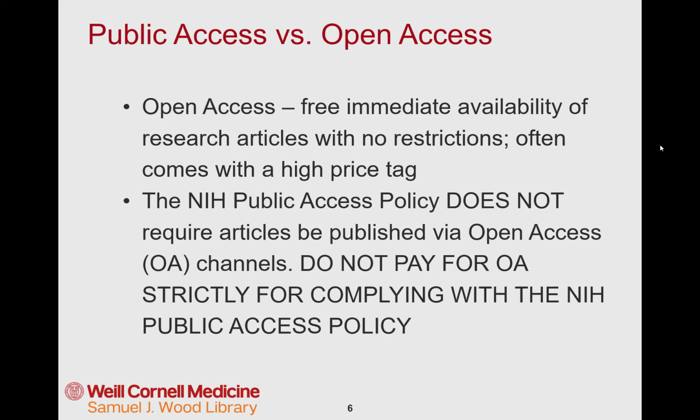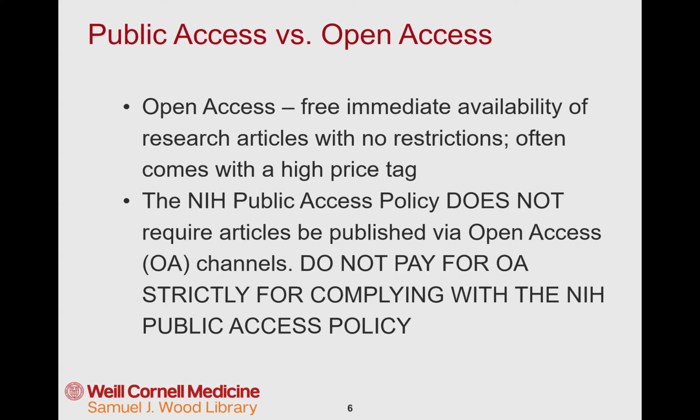Cool. So yeah, this could be a whole session on its own, where we get into the nitty gritty details here. To get a little bit into the weeds, if you do choose the public access with a journal, sometimes they will do some of the steps to comply with the NIH policy for you.